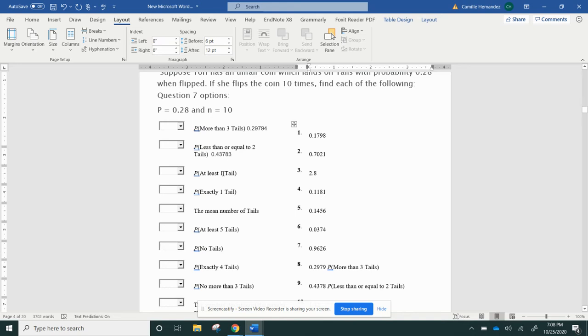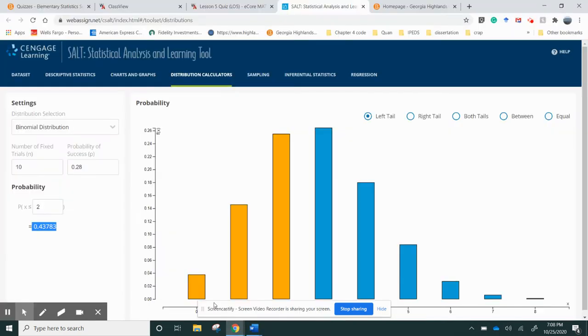Okay, at least 1 tail. Probability of at least 1 tail. So at least 1 tail means I get 1 tail and greater. Think about this: to pass the class, you need to get at least a 70 on the final exam. What does that mean? The lowest you can get is a 70, but you could do better than a 70. So that's right-tailed, and then I put in the 1.